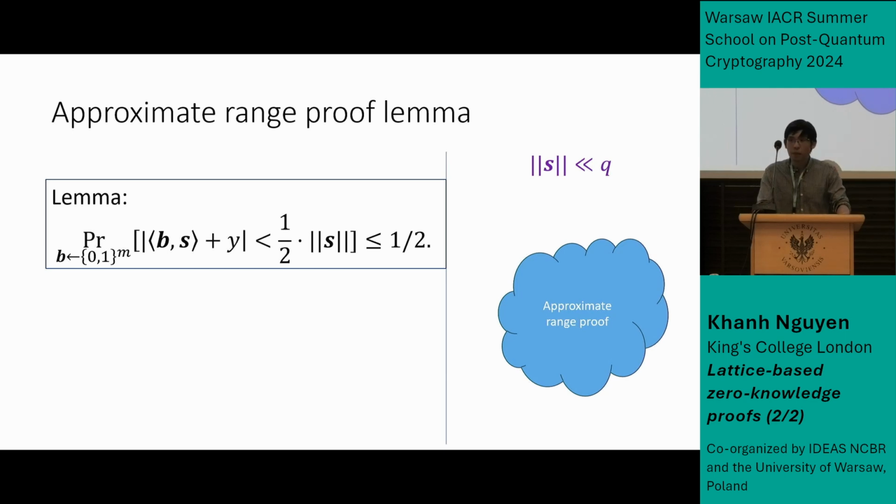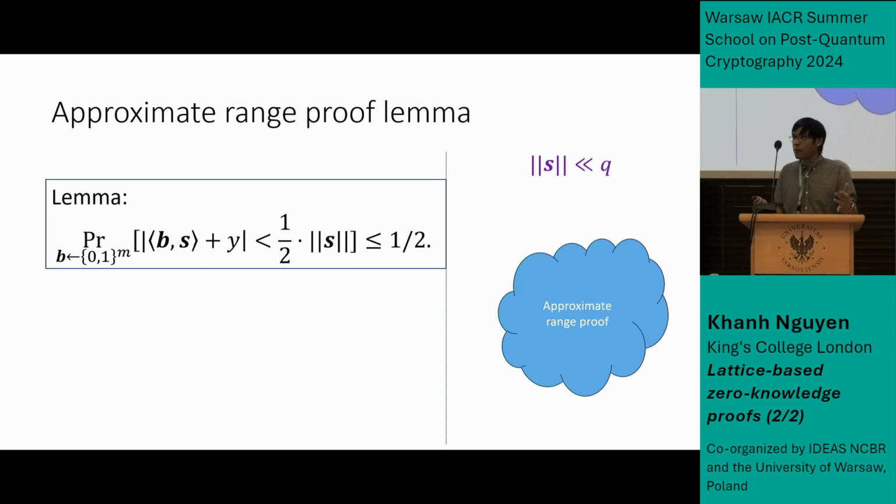The lemma says that if I fix any S and Y, and I sample a random binary vector B, then the probability that the absolute value of the inner product of B and S plus Y is less than the norm of S divided by 2 is at most 1/2.